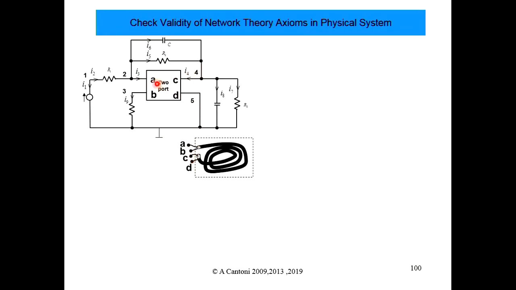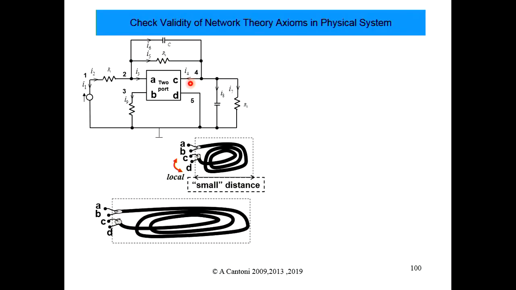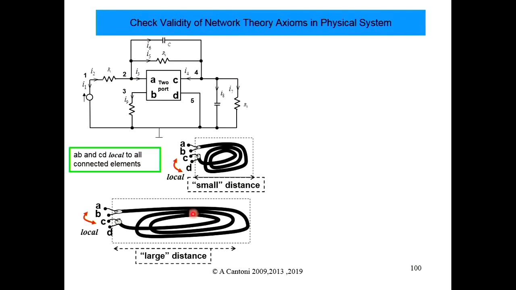And A, B, and C, D together is also local, so any connections between the 2 will also be small. It's only a small distance. Would this also work? Yes, it would as well. It doesn't matter. A, B, and C, D are local. Everything in that circuit is within a small distance of each other, even though this transmission line may stretch out over a large distance.